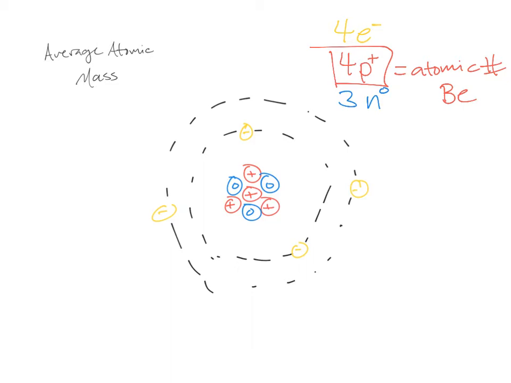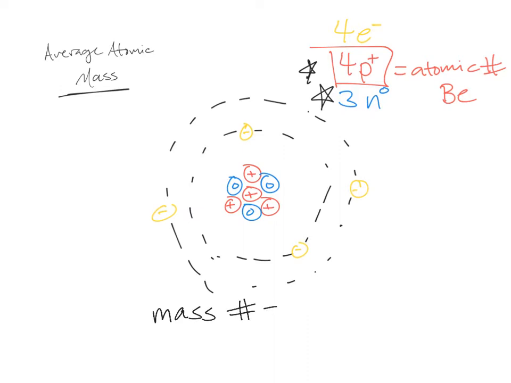But really, what we care about today with average atomic mass is the mass of an atom. And we know from last time that there's 2 heavy particles, protons and neutrons. Electrons are super light in comparison, so we don't even really care about them when it comes to the mass of the atom. So from the protons and neutrons, for every specific atom, we end up with a thing called the mass number.